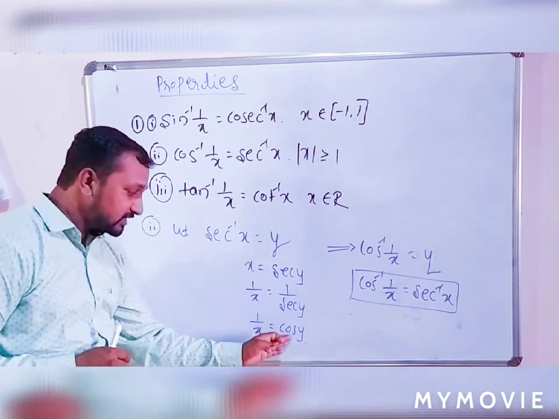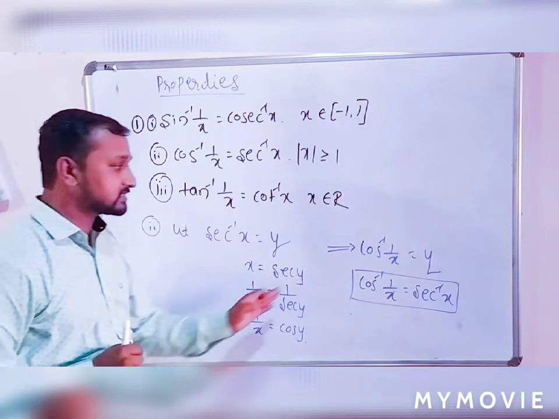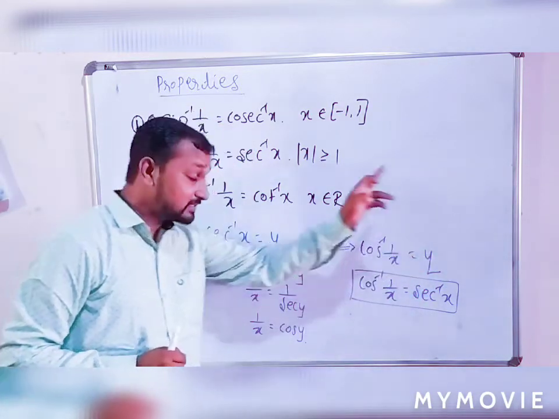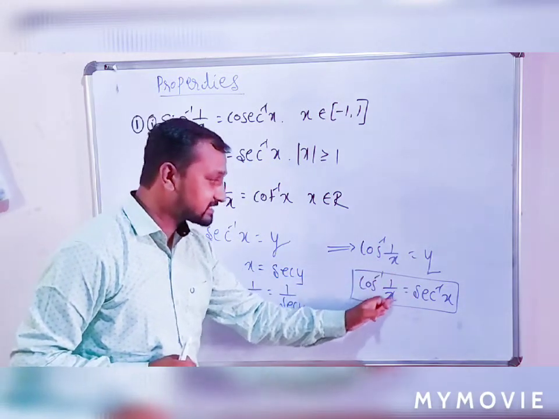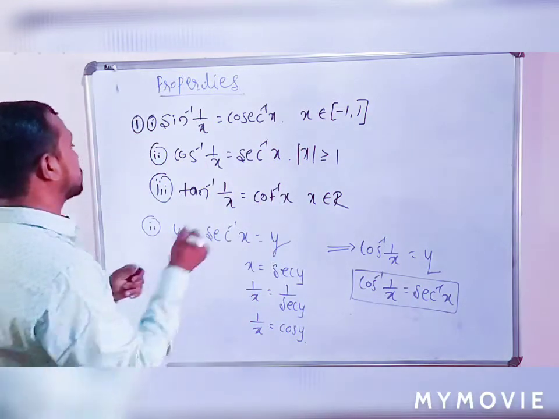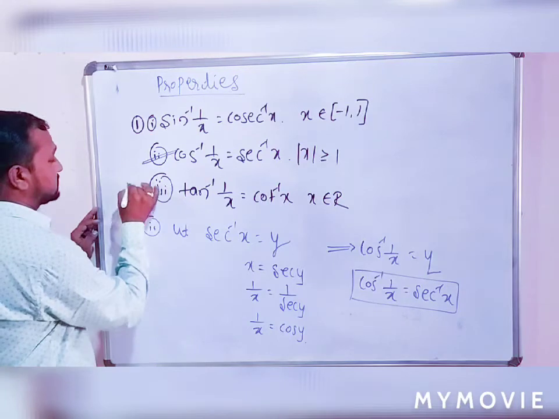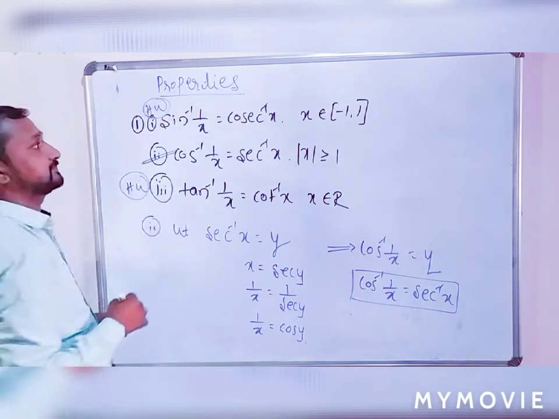The cos function shifts to the left-hand side and becomes cos inverse of 1 by x equal to y. Put the value of y, which is sec inverse x. So cos inverse of 1 by x is equal to sec inverse of x. This is the property. I solved this one; these two are your homework.